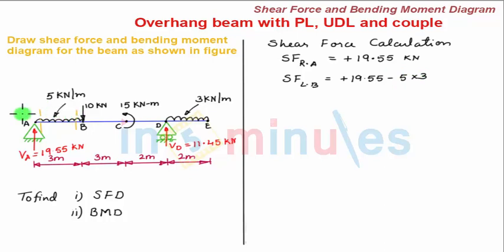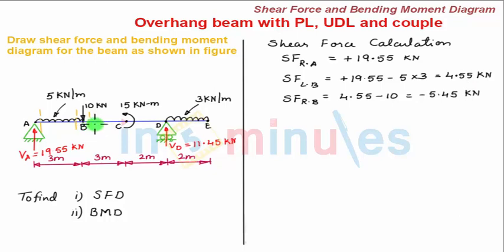A downward force on the left hand side of the section is negative, so I use the sign minus. Now this is equal to 4.55 kilonewton. Then let's take a section towards the right of B and very near to it. Shear force towards the right of B is equal to, I see that there is the addition of this downward force of 10 kilonewton. So we have 4.55 minus 10, and is equal to minus 5.45 kilonewton.